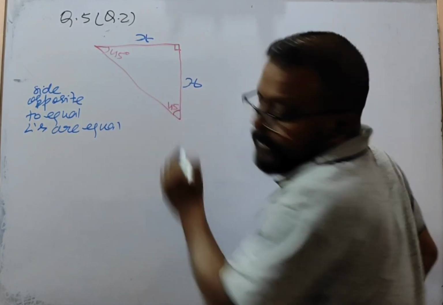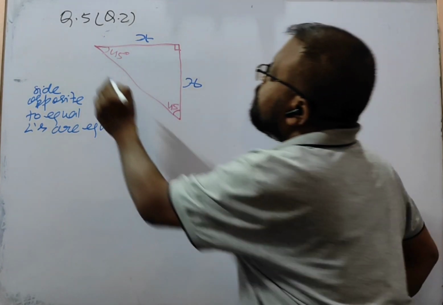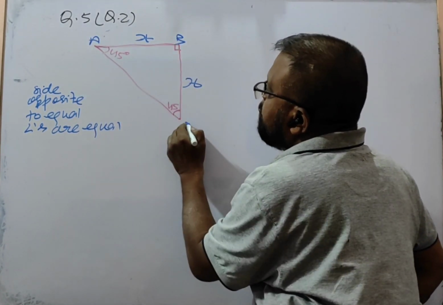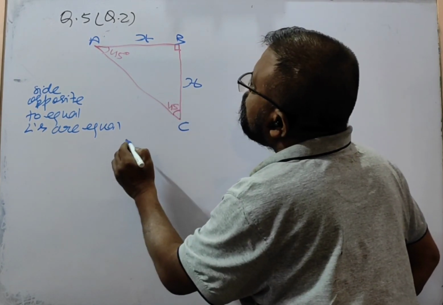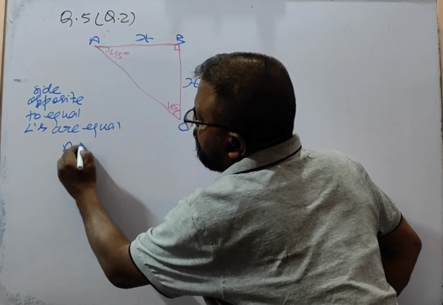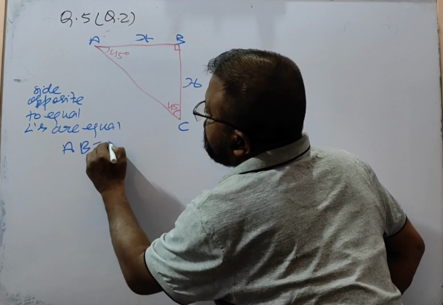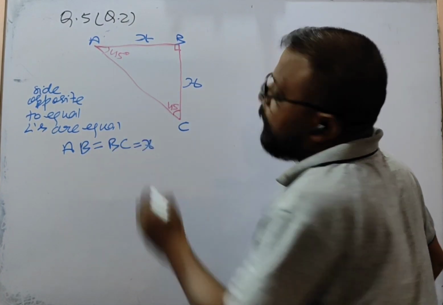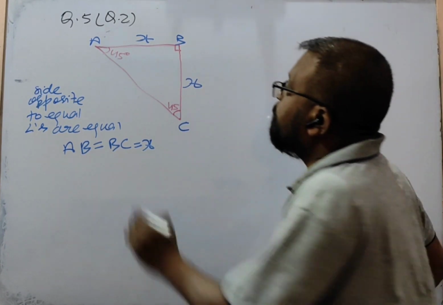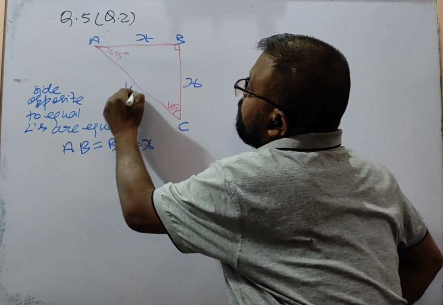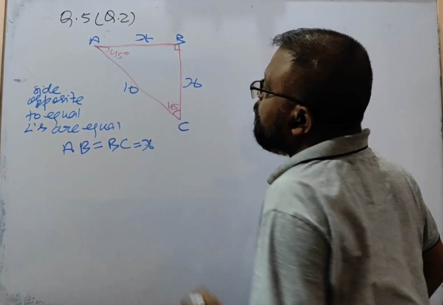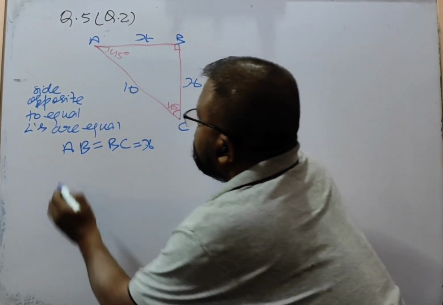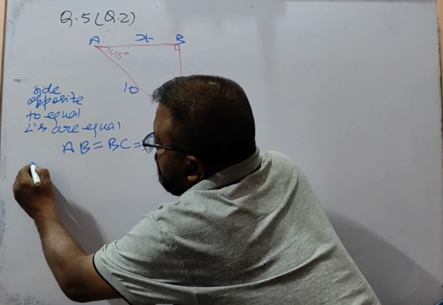If I take it as A, B and C, so AB is equal to BC is equal to x, and AC is given as 10. This is 90 degree, so it is a right angle triangle.